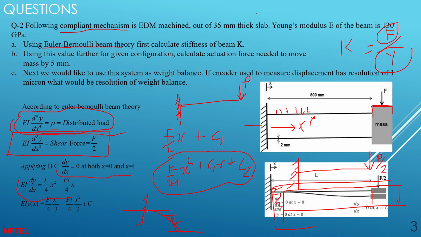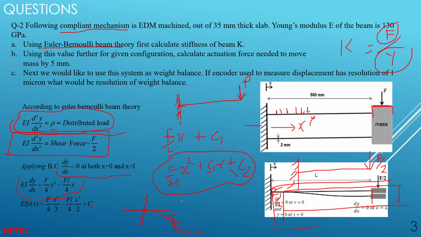So when you apply these two different boundary conditions at x equal to 0 and x equal to L, you will get C1 and C2. Your equation looks like this, and again you integrate it and get one more constant c. In order to solve this, you can use another boundary condition, because when you apply a load at the fixed point, the deflection is 0.